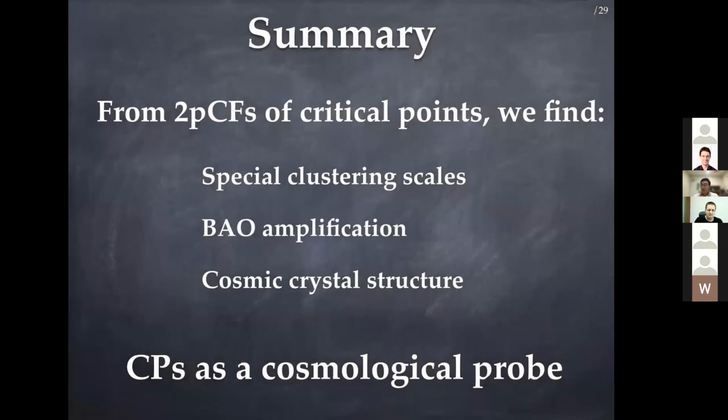Yeah, so I haven't yet applied it to mock catalogs, because we are at the stage of assessing the possibility of using this as a robust standard ruler. I'm working on mock catalogs of Horizon Run 4 to see the effect of assuming the wrong cosmology.